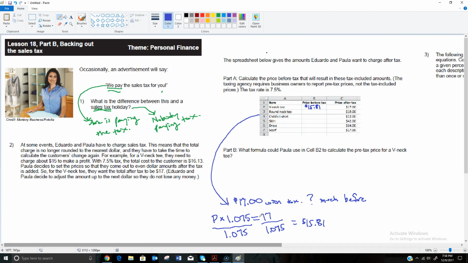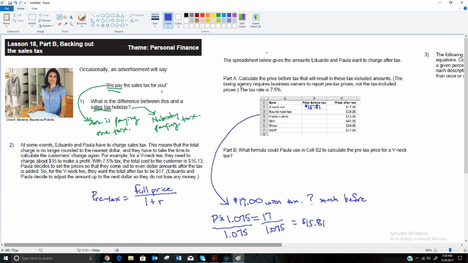So in the past, students have always said, could you just tell us, like, what do we have to do? So to get the pre-tax amount, if you want to think of this as a formula that you can use, you're going to take whatever the full price is, the price after tax, and you're going to divide it by 1 plus whatever the rate of tax is.